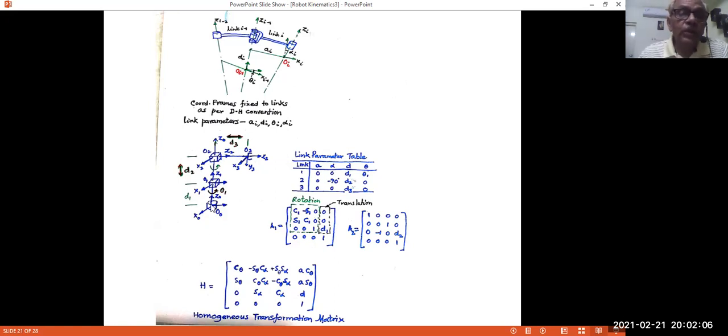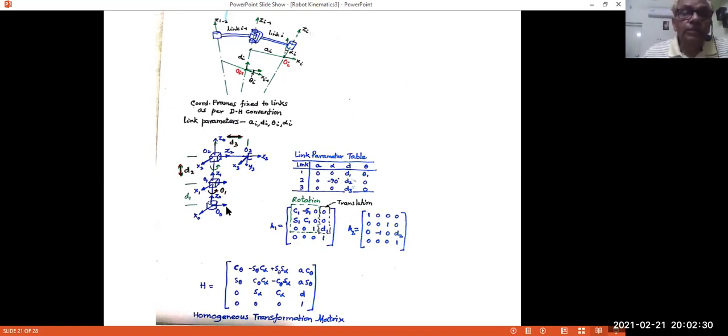Well, to start with, we fix a frame somewhere in the middle. This is the inertial frame which doesn't move. As far as this analysis is concerned, we assume this O0 frame will not move while all the other links are moving in the robot arm. Well, how do we fix the various frames?